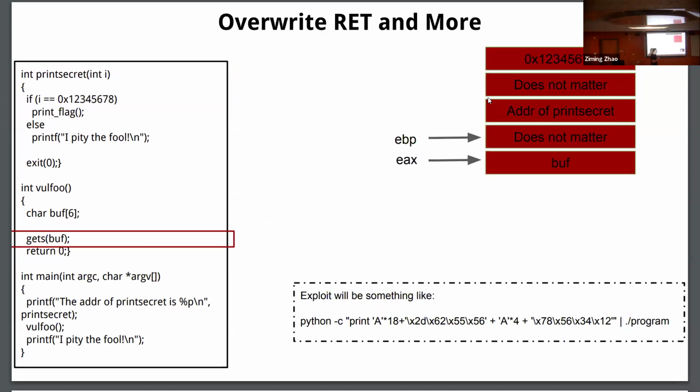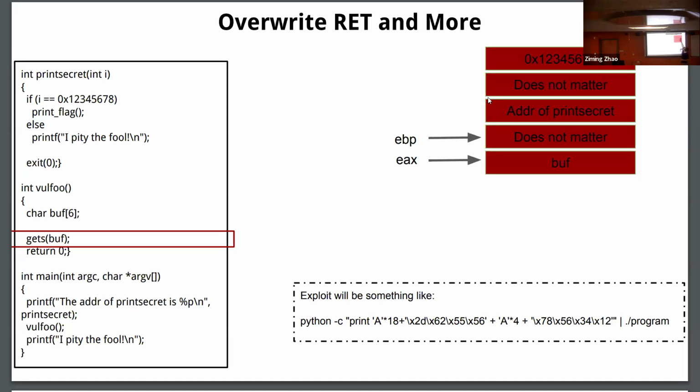Because of that, we have one chance to override the whole thing, and this is how we're going to override it. We have 14 bytes of garbage to fill the buffer, and 4 bytes of garbage to fill the saved EBP. Then we have 4 bytes of the print secret address.